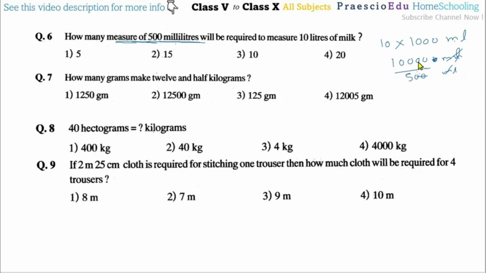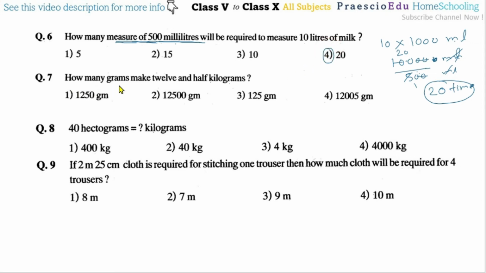These two zeros get cancelled, then 5 ones are 5, 5 twos are 10, and then 0 as it is, which means 20 times. After this division ml will not be there, it is only a number. So 20 times measuring is required, which means option number 4 is the correct one.